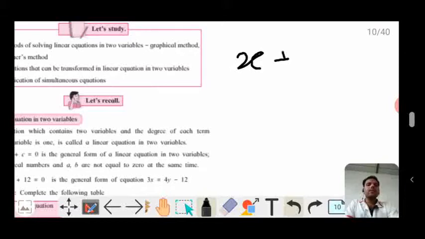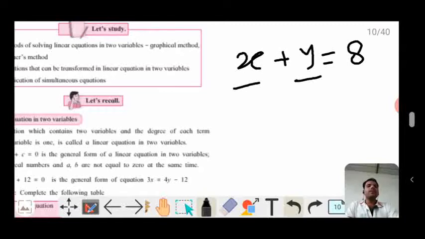x plus y is equal to 8. So in this equation, when we call this equation a linear equation in two variables, there is a criteria. The criteria is that each term containing the variables has a degree 1.